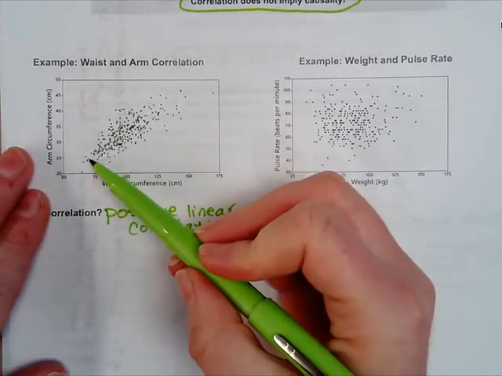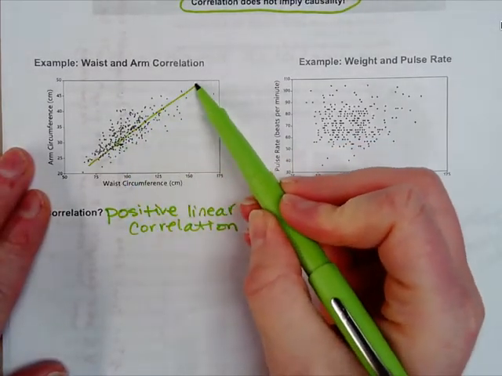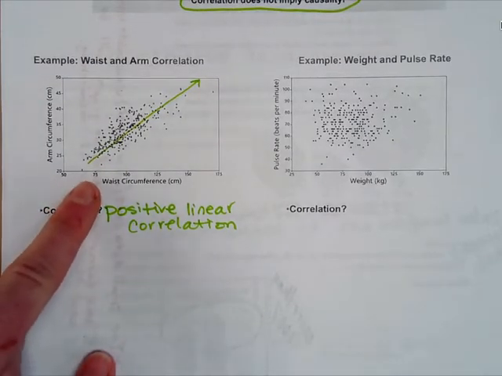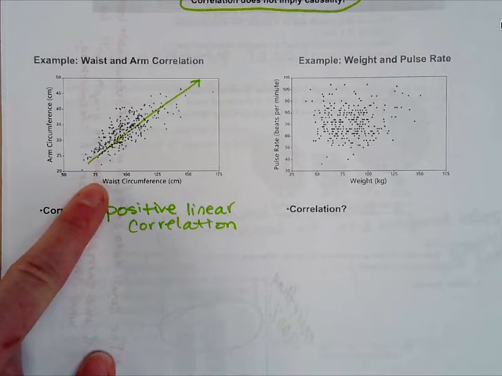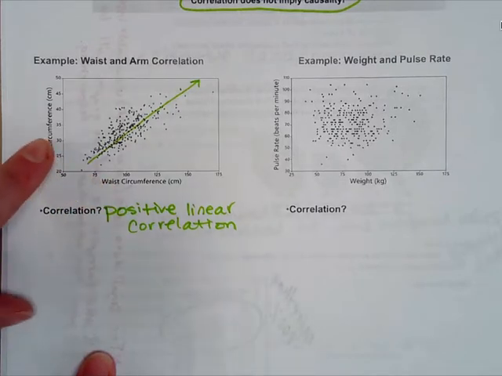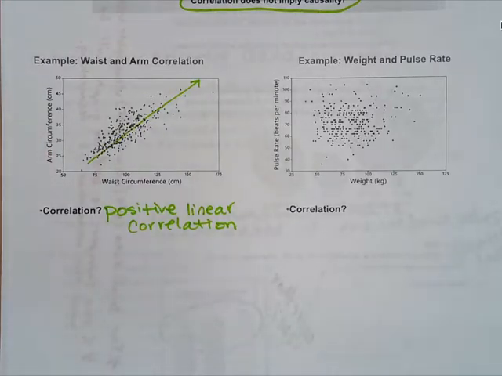It looks like we could kind of draw a line. So basically what this is saying is the larger your waist circumference, the larger your arm circumference. The bigger around you are, the bigger around your arms are as well.